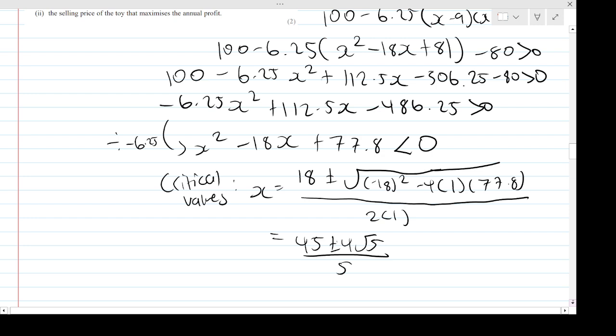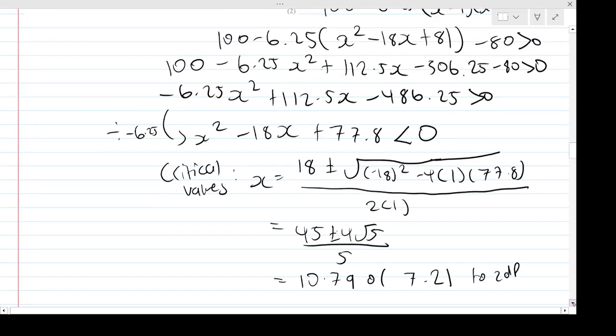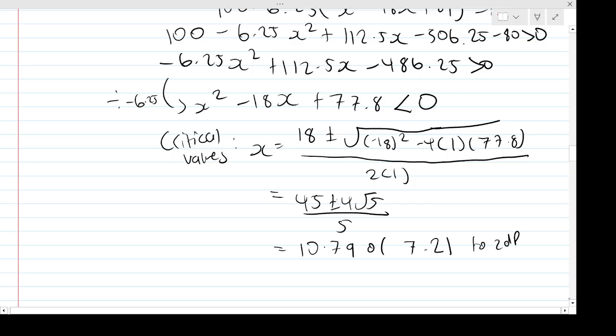And as a decimal, because it might be easier to visualize this as a decimal, that's either going to be 10.79 or 7.21. Why? Because well, it's best to sketch it then, right? Remember, we can sketch a quadratic to find an inequality for it.